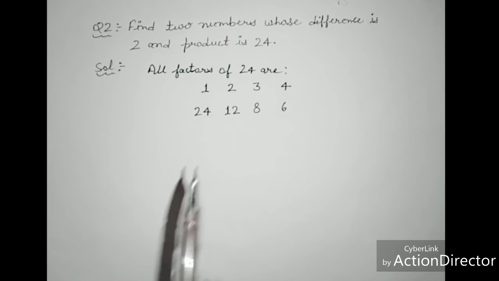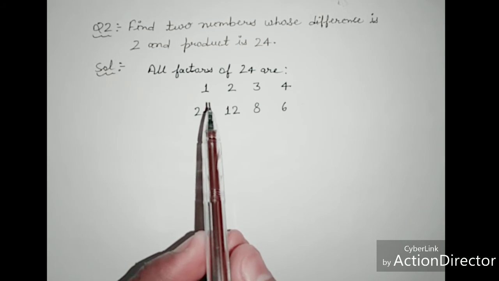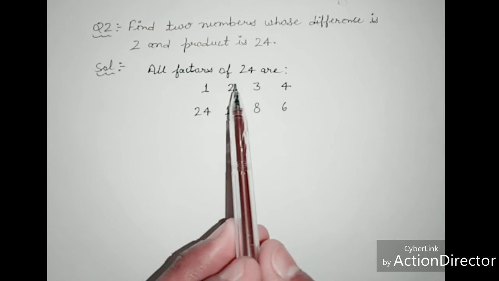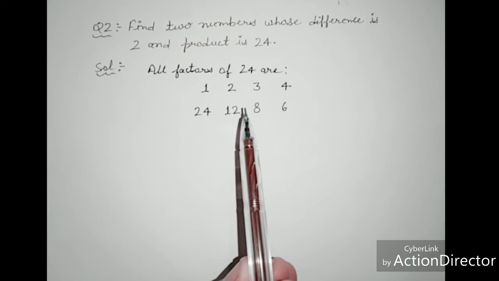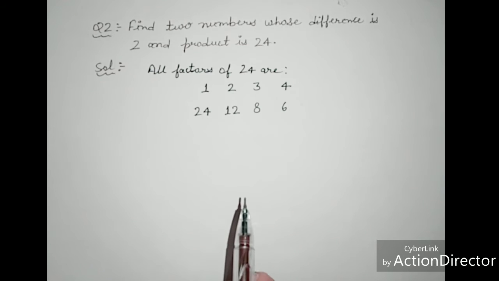Now if we subtract 24 minus 1, it gives difference 23, and we are looking for difference 2. 12 minus 2 gives difference 10, 8 minus 3 gives difference 5, and 6 minus 4 gives difference 2.